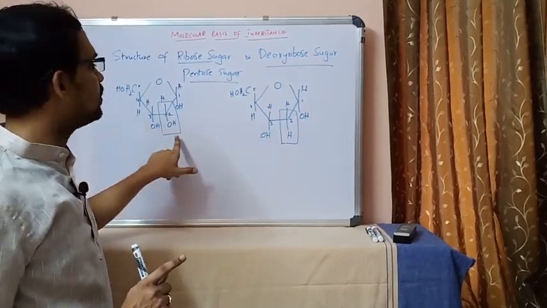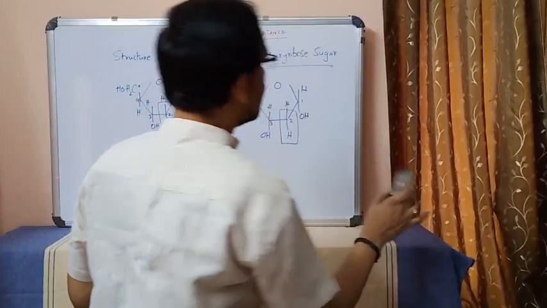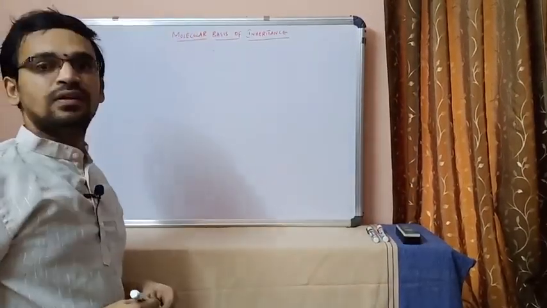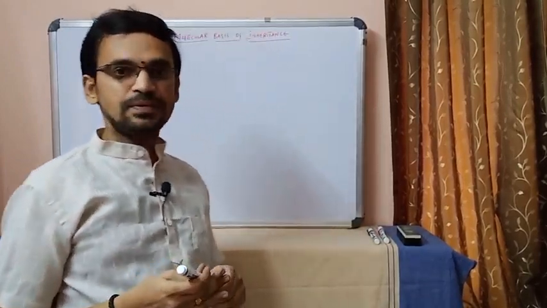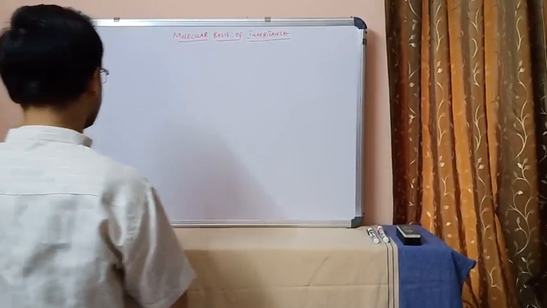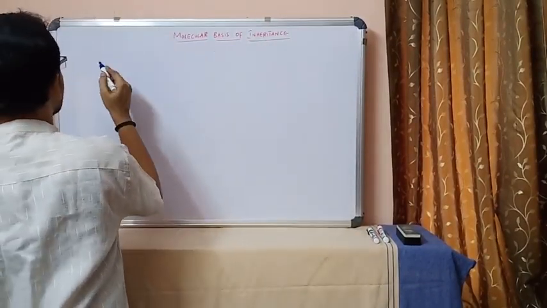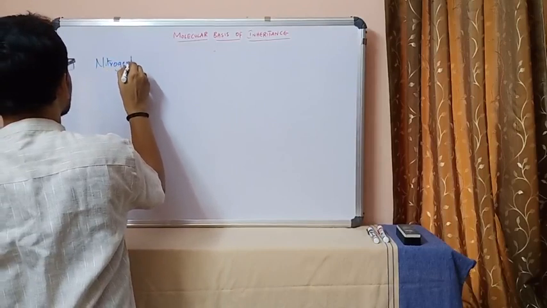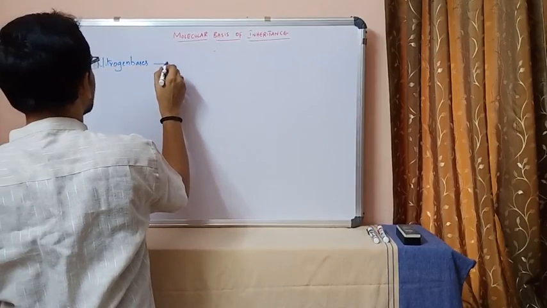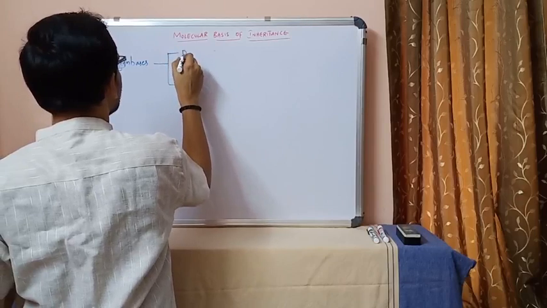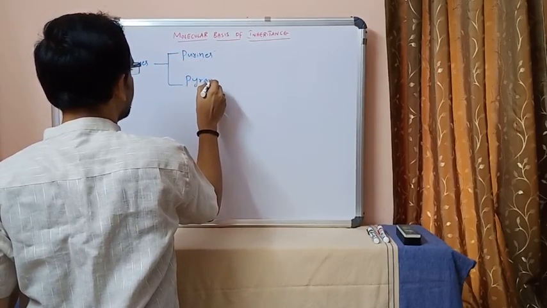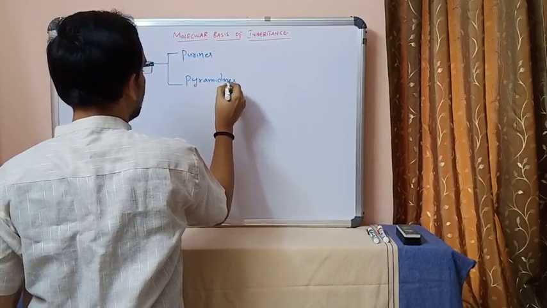These are the structures of the ribose sugar and deoxyribose sugar. Both are pentose sugars. Now we are going to discuss nitrogen bases. Nitrogen bases are mainly of two types that we already discussed. What are those? Purines and pyrimidines.